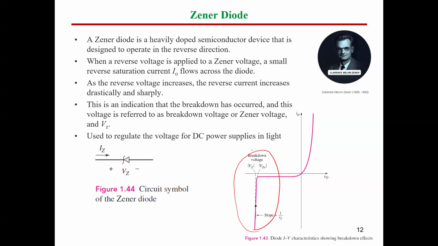But the Zener diode, since it is heavily doped, can work in the reverse bias region. What does working in the reverse bias region mean? It means if the volt reaches the value of V Zener, the volt is saturated, the volt will be constant, and the current is going to increase like that. So you have relatively high current flowing in your Zener diode, but the volt is saturated.